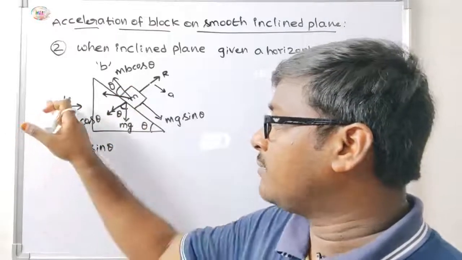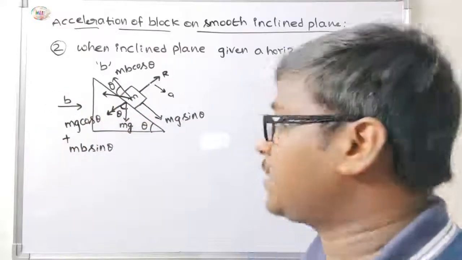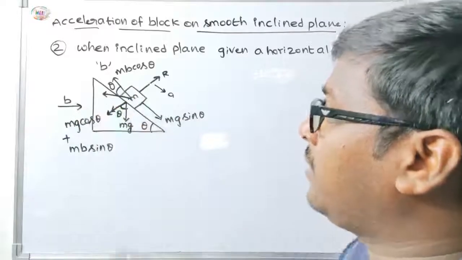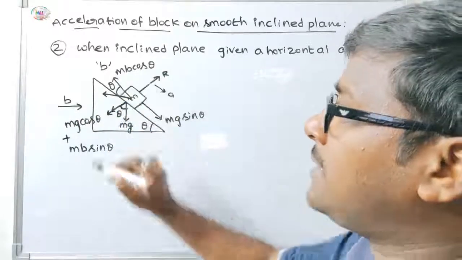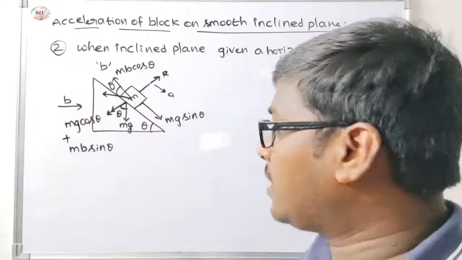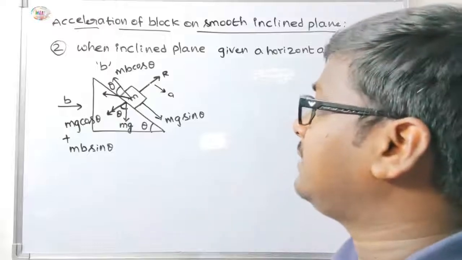The block is moving in the forward direction, so the acceleration b is resolved into two components: the horizontal component mb cos theta and the vertical component mb sin theta.